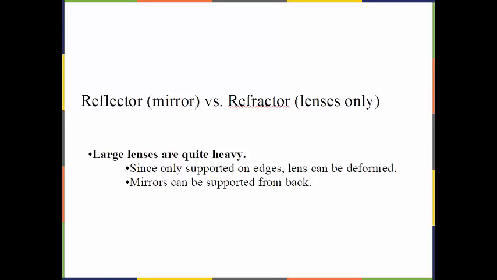So the larger you make the lens, you can only support it on the outside, and what will happen is that the lenses begin to become deformed by gravity because they're so heavy, and they can only be supported by the outside, by the edges. Mirrors can be supported from the back, so you can make huge mirrors and not have this problem.